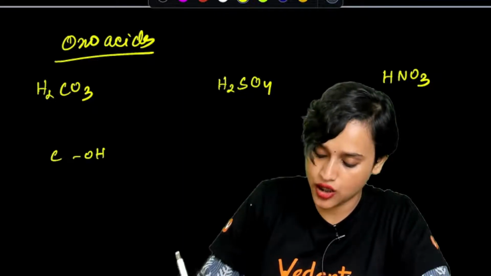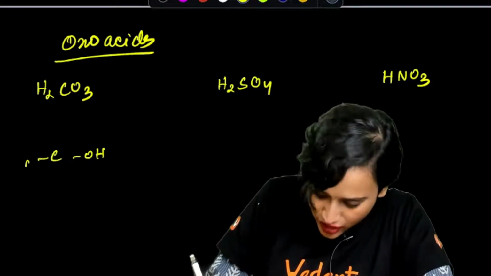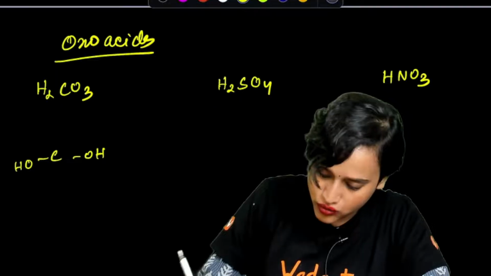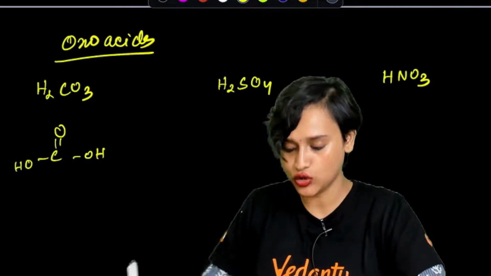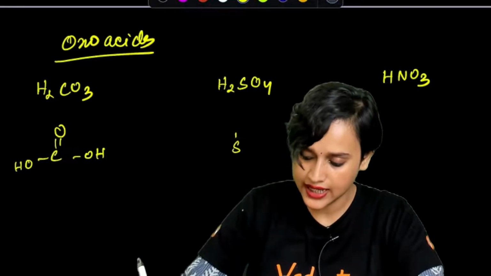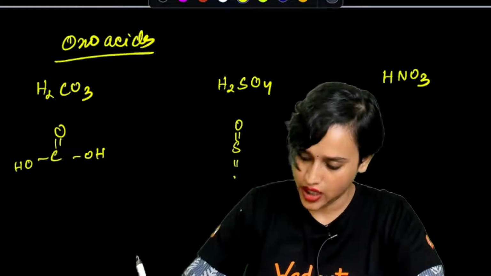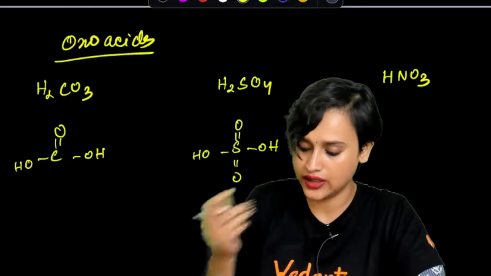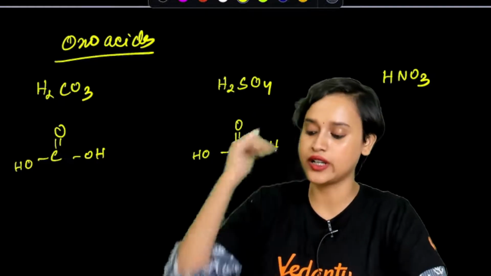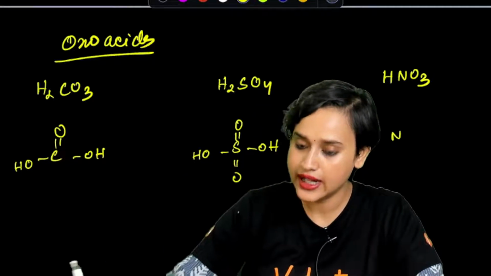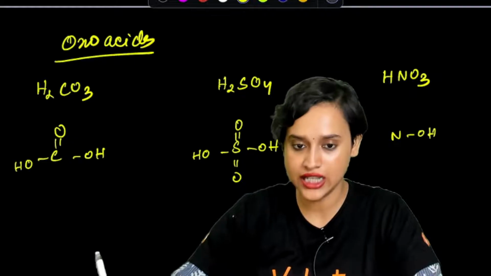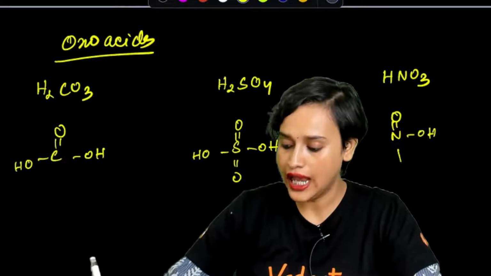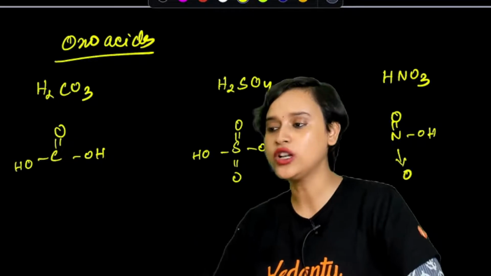The structure will have OH here, then here also you will have an OH, and then this will be a double bond O. Then here you will have S, double bond O, one OH here and one OH here, right? H2SO4, great. Then you will have nitric acid. So this will become OH here, double bond O, and here you will get a coordinate bond, that is O.